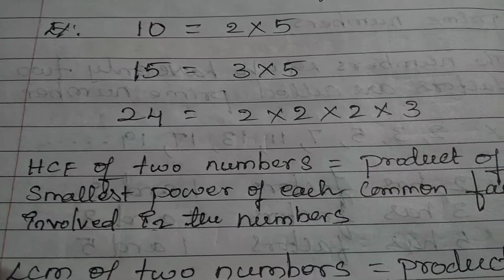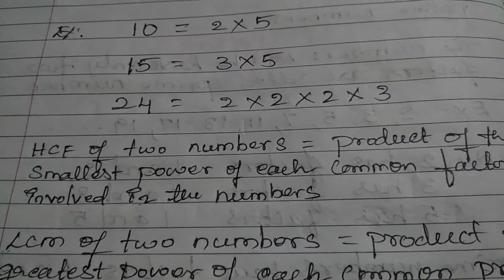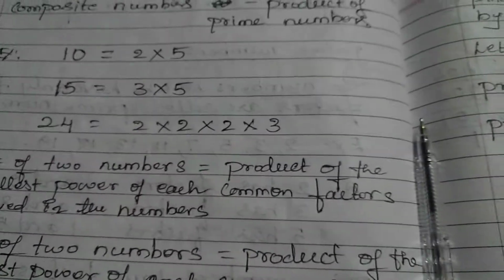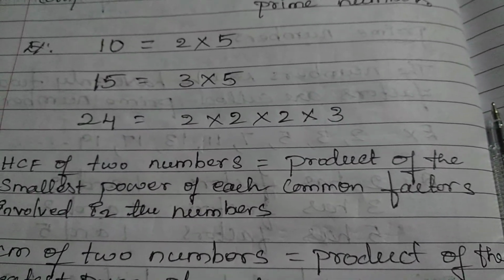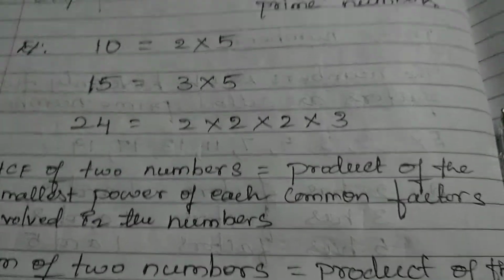Now, why is it useful? To find the HCF of numbers. The HCF of two numbers is the product of the smallest power of each common factor involved in the numbers.